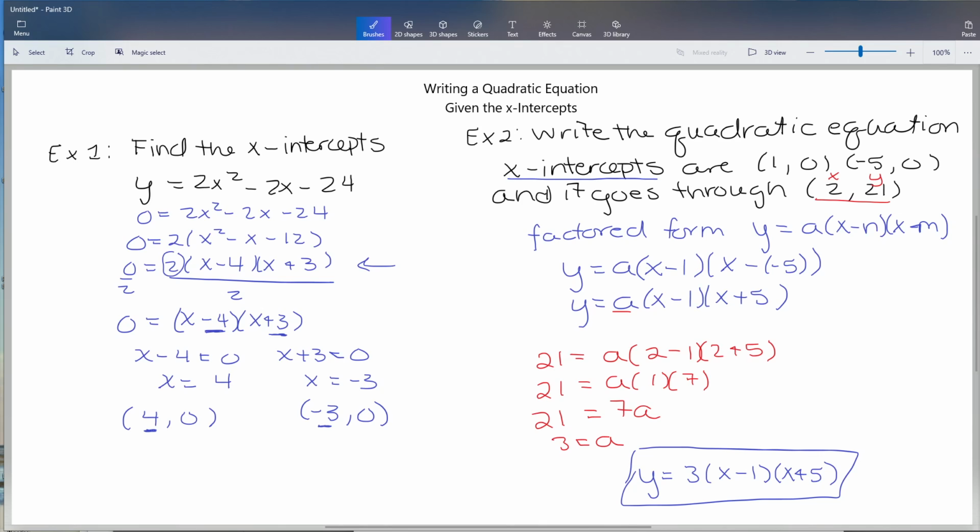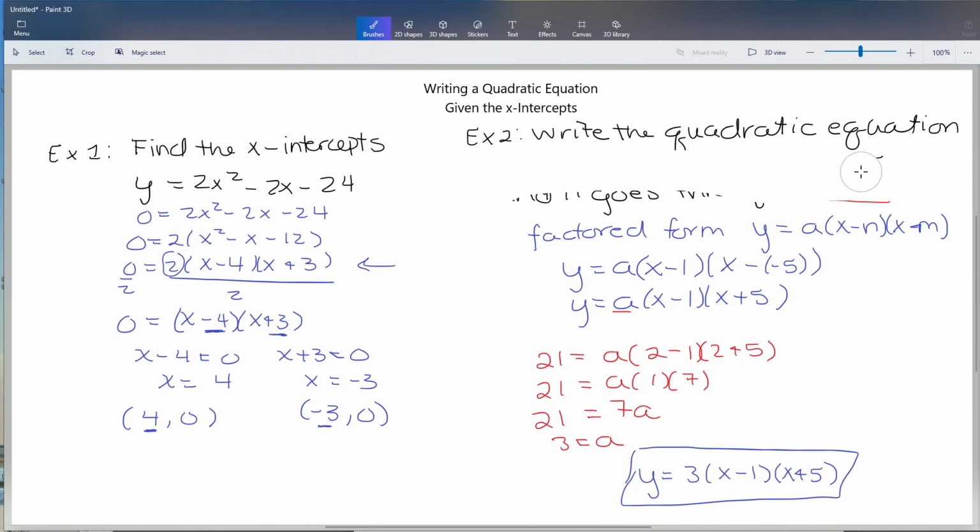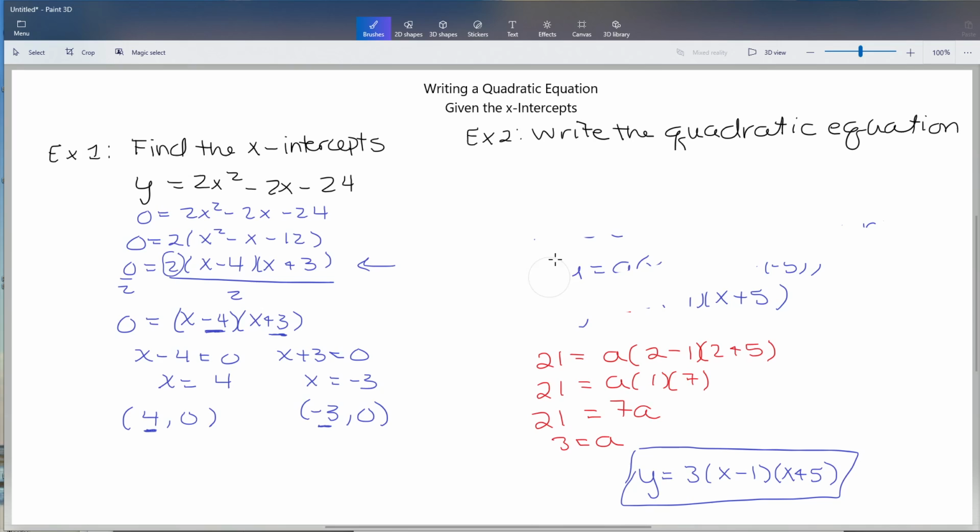Okay. Let's go ahead and look at another example of this. Actually, I'm going to leave those directions. We're going to use exactly the same process here.